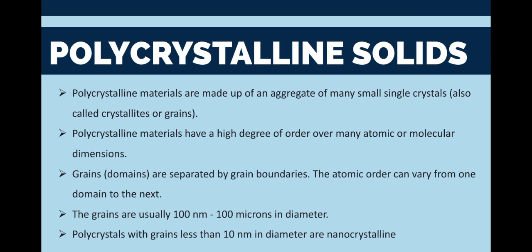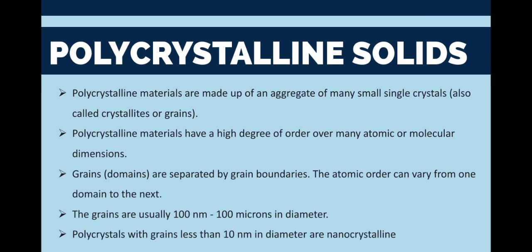The atomic structure across grain boundaries can exhibit defects or misalignments, influencing the material's mechanical strength, conductivity, and other characteristics. Grain boundaries play a crucial role in determining the overall behavior and performance of polycrystalline materials.